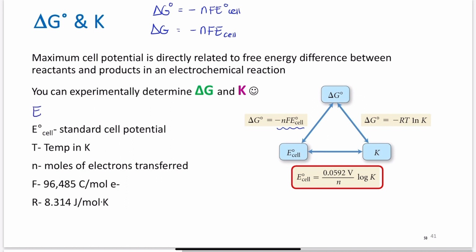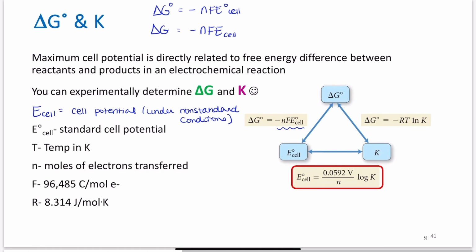If I just write E of my cell, that's my cell potential under non-standard conditions. n is the number of moles of electrons transferred, and F is what we call Faraday's constant. It's a constant you're going to have to memorize, 96,485 coulombs per mole of electrons.